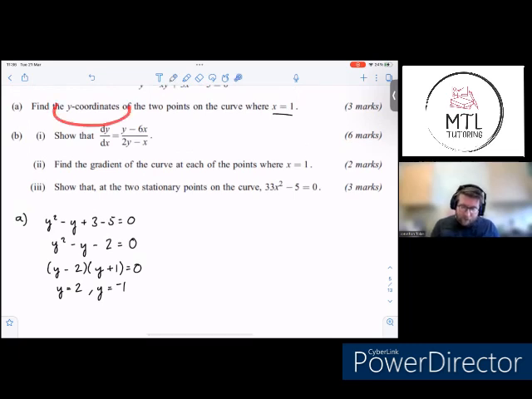So we don't have to give our answer as coordinate pairs. I mean, if it was saying give the coordinates of the 2 points where x equals 1, obviously we could rewrite those as (1, 2) and (1, -1). Okay, so that's part A, nice, easy 3 marks. Part B, we are being asked to find dy by dx, so now we actually need to do some calculus.